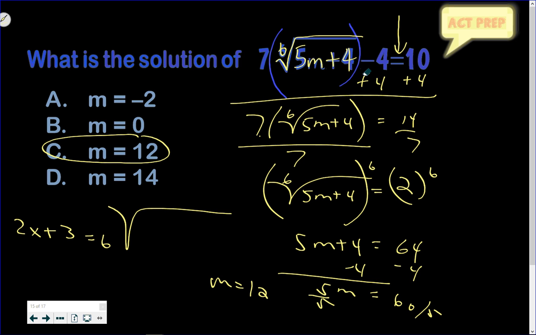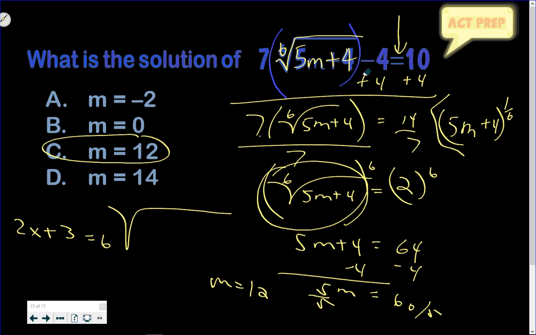Yeah, because I got to this point right here, and my radical is to the 6th root, right? If I were to rewrite that, it's just going to end up being 5m plus 4 to the 1/6. This part right here.